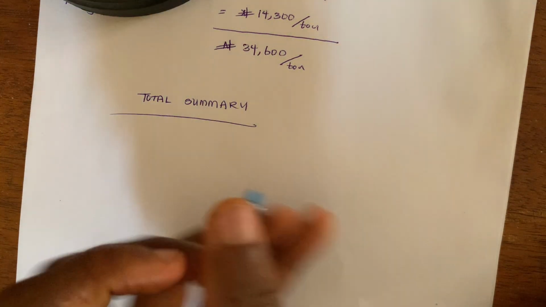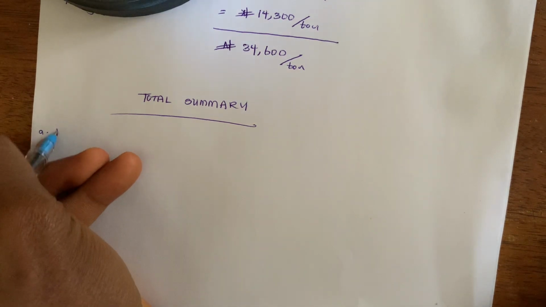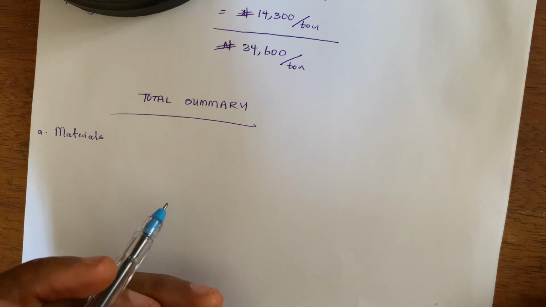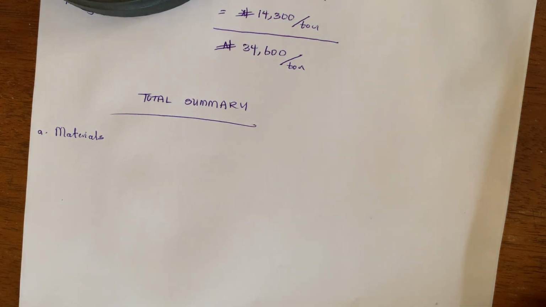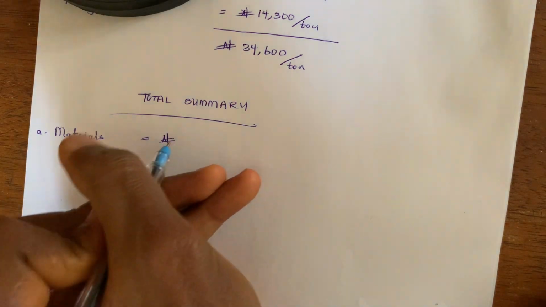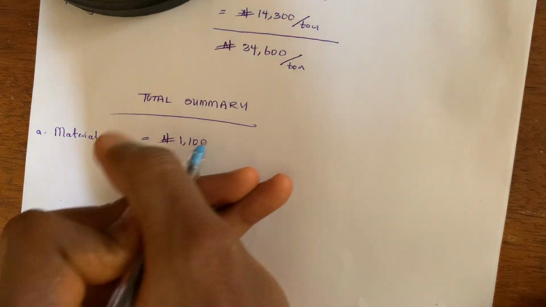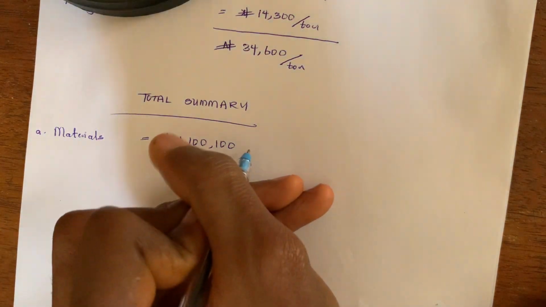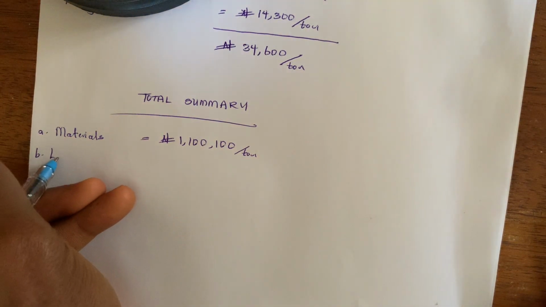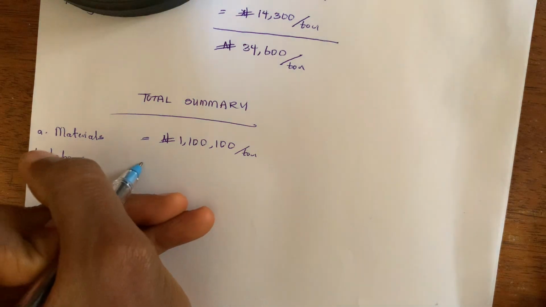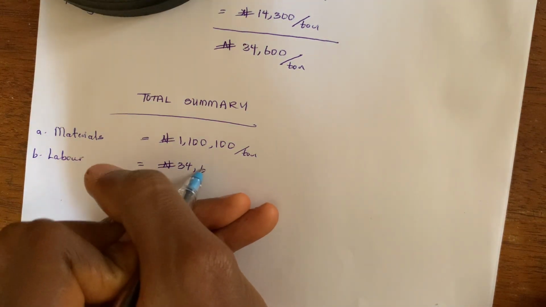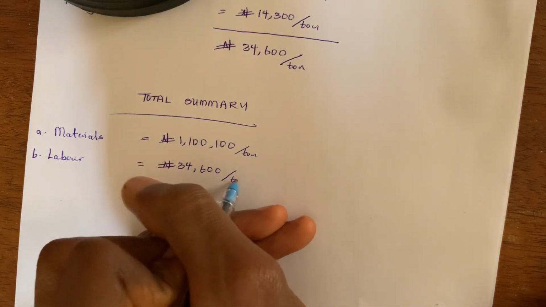So the first thing is our materials, consisting of our reinforcement bar and binding wire. We calculated it as 1,100,100 naira cost per ton of our materials, and the labor will now become 34,600 naira per ton.